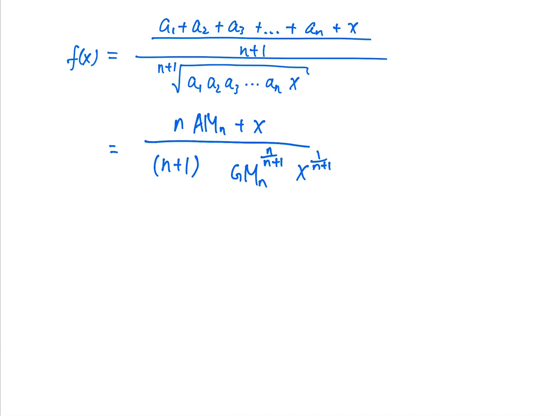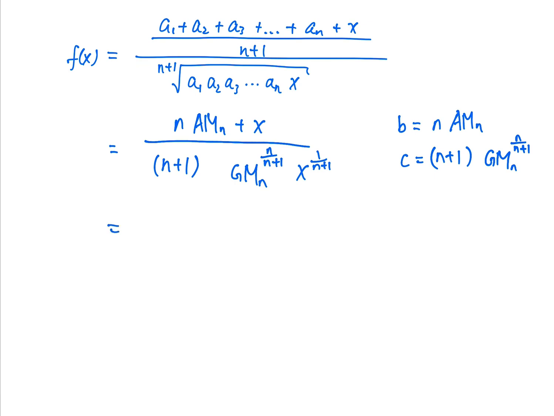So for example, we can let b be the constant here, so n times the arithmetic mean, and c equal the constant right in front in the denominator, so n plus 1 times the geometric mean raised to this power. So we don't have to differentiate those because they are just constants.